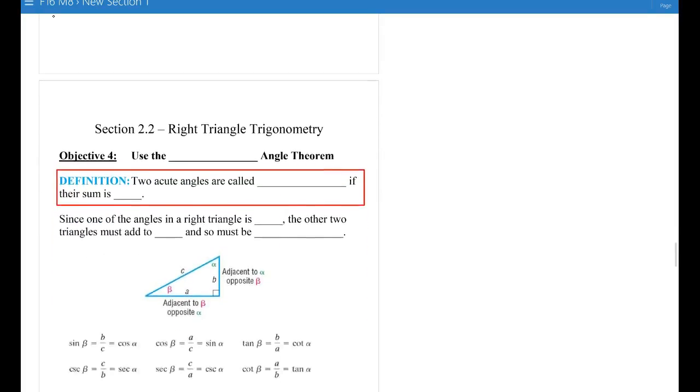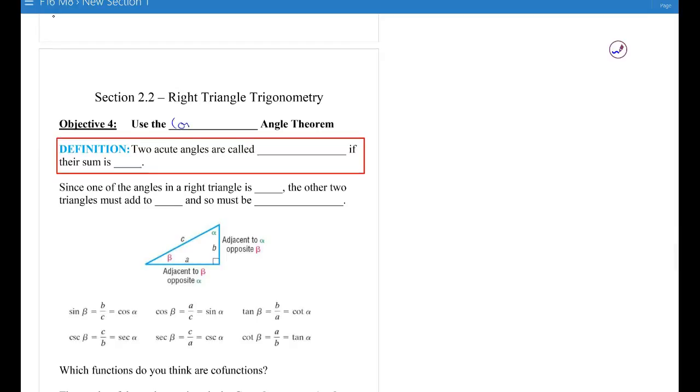and let's move on to objective 3, which we'll also do in class together. And then objective 4 is to use the complementary angle theorem. Two acute angles are called complementary if their sum is 90 degrees. So it's just a word that's used to define two angles which, if you add their sizes together, you get 90.